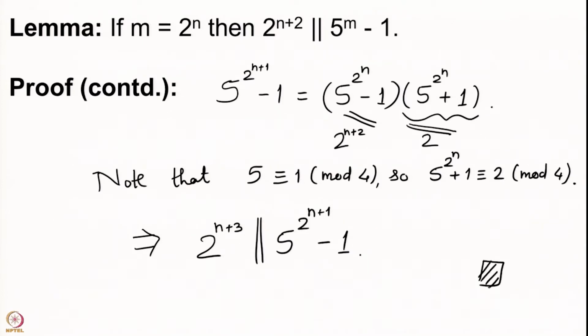The only thing that we have to remember is that when you are putting the powers of 2 as power of 5, then there is an exact power of 2 that divides this power of 5 minus 1. So, that will help us compute the order of 5 modulo 2 power n, and this is the thing that we are going to use to prove our next result.